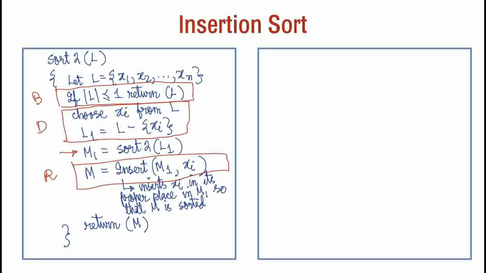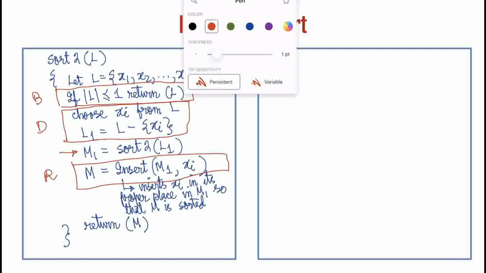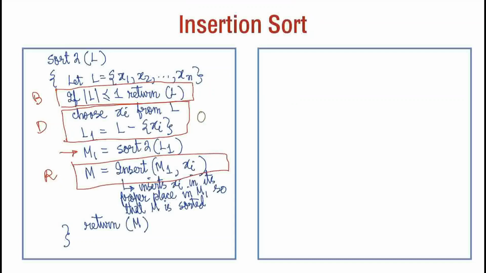We know that if we have to insert that element, we have got several choices. The complexity of choosing any element is order 1, and here we have an option of which one to choose.